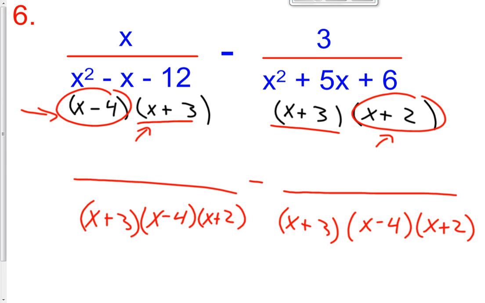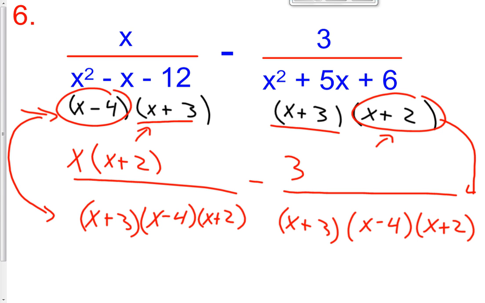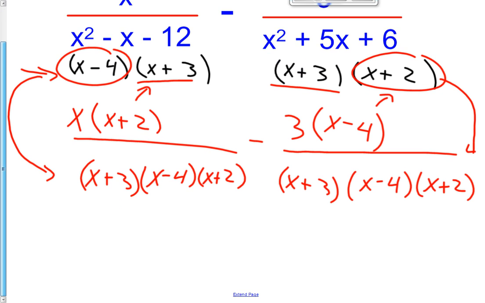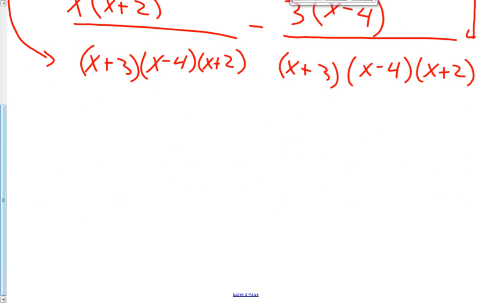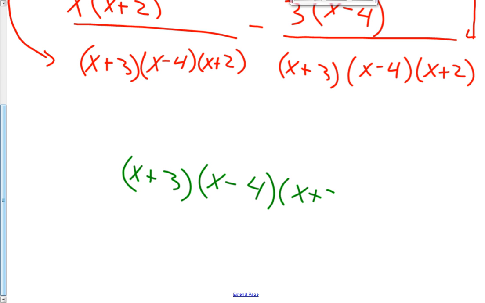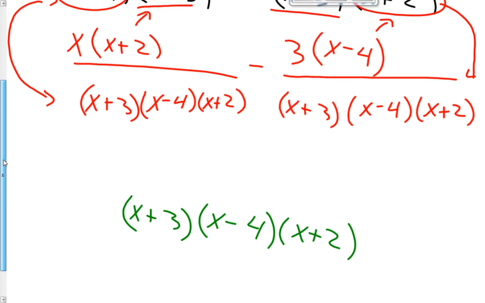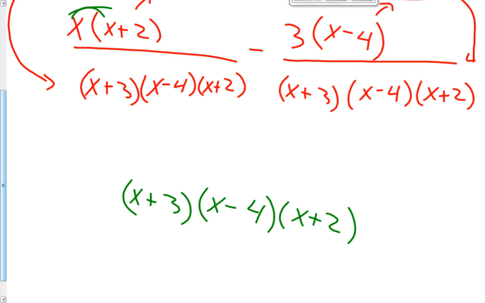Okay. So in the denominator, you multiplied by x plus 2. So in the numerator, the x has to be multiplied by x plus 2. For the other fraction, the denominator, you had to multiply by the quantity x minus 4. So this 3 has to be multiplied by x minus 4. Now what you did is you put everything over the common denominator of x plus 3, x minus 4, x plus 2. And your numerators, you simplified them. So x times x is x squared.